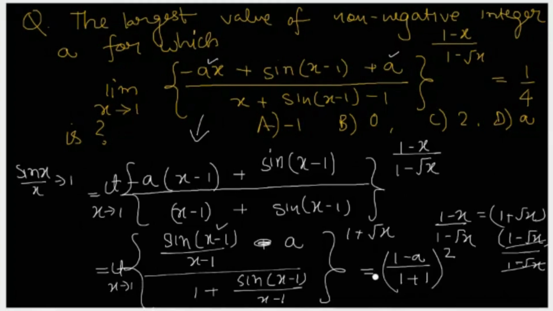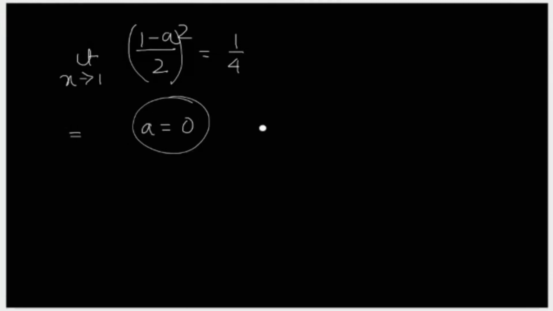So you have limit x tends to 1, ((1 minus a) by 2) squared equals 1 by 4. So it's a very trivial limit. From here you can find that a equals 0. Okay. Any questions?